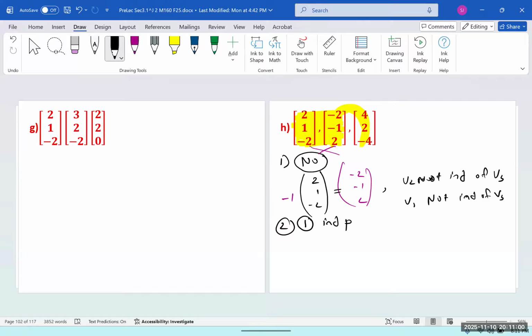Every vector space is non-empty. Remember that in order to be a vector space, one of the conditions is that it cannot be empty. That means whatever is given to you, one of them is there. It's independent. So one independent vector.